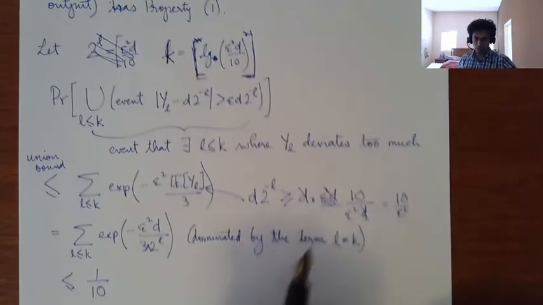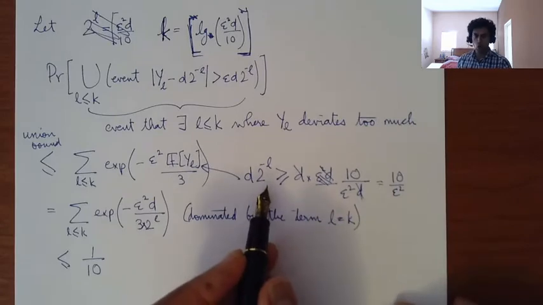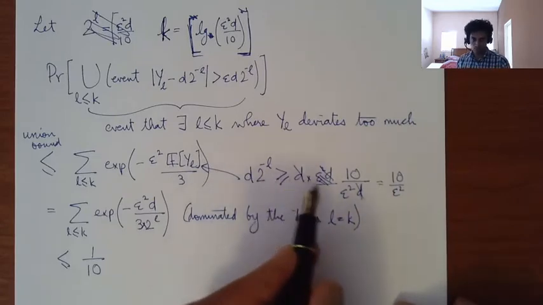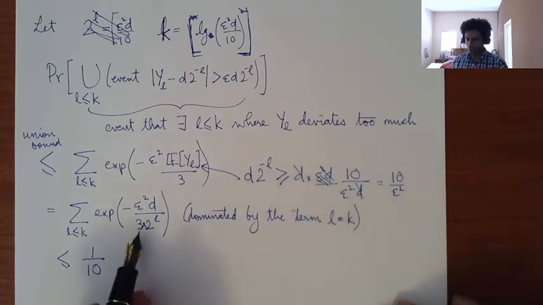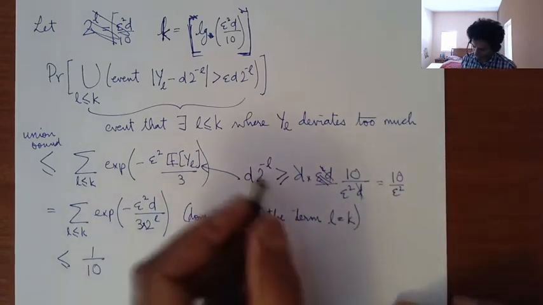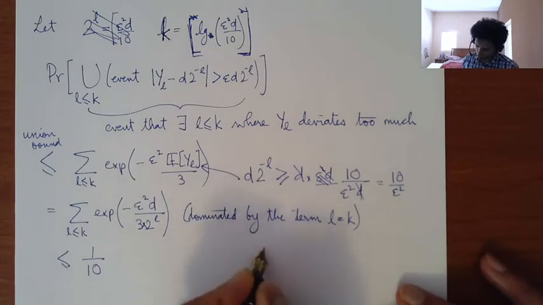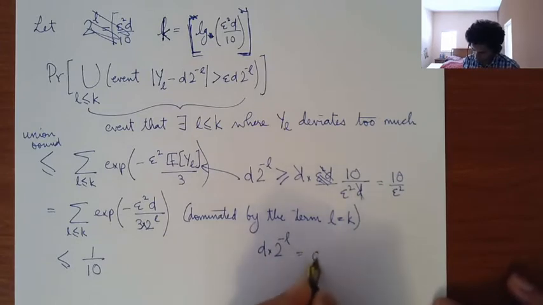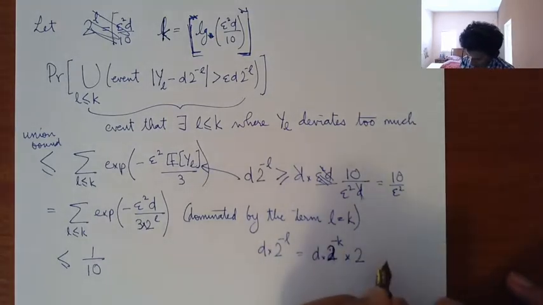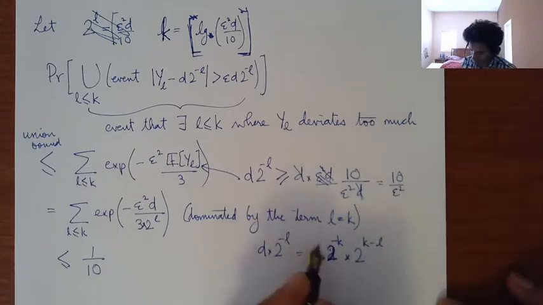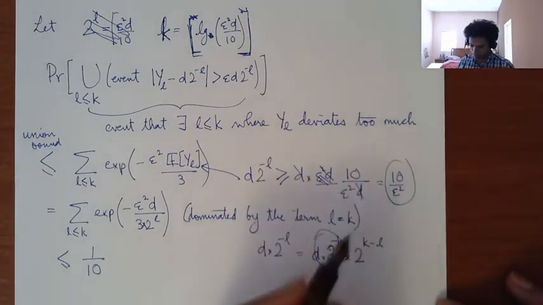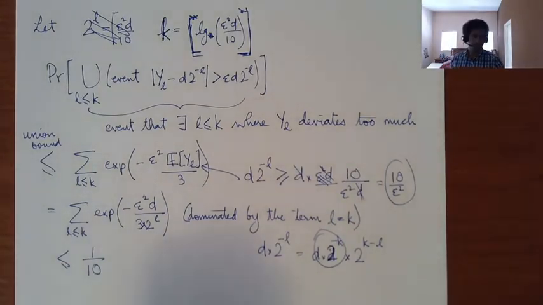And that's because we know that for all values, d times 2 to the L is at least that much. Formally speaking, what you can show is d times 2 to the minus L. You write this as d times 2 to the minus k times 2 to the k minus L. This is exactly that, and then you'll get something which is essentially bounded by a geometric progression, and you can get this math to work.